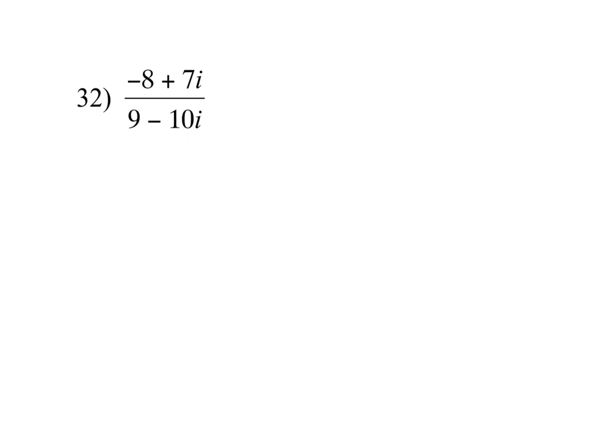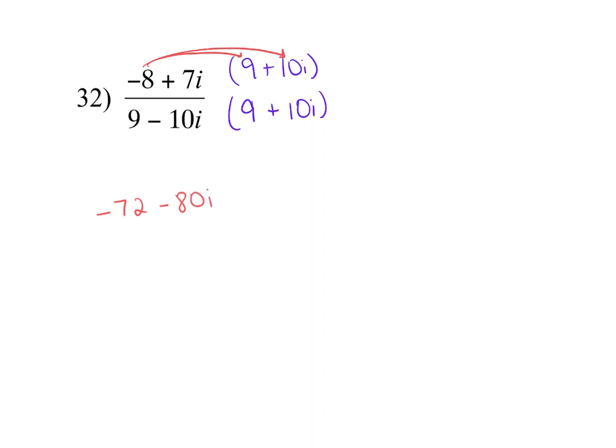So again, I only care about the denominator. I am going to do the conjugate of the denominator. The first one stays the same. I change the center sign, and I do that top and bottom. I multiply by the same thing. On the top, I am distributing. Negative 8 times positive 9 is negative 72. Negative 8 times positive 10i is negative 80i. 7i times 9 is 63i.